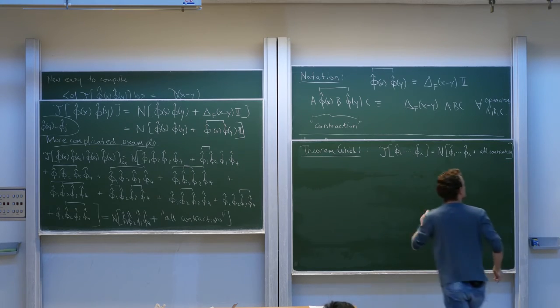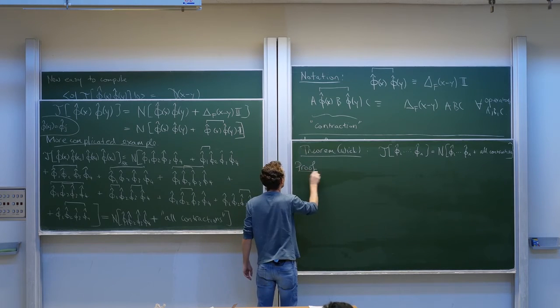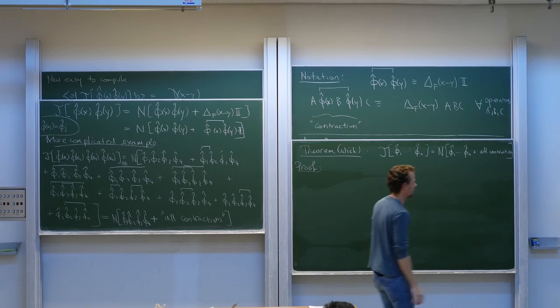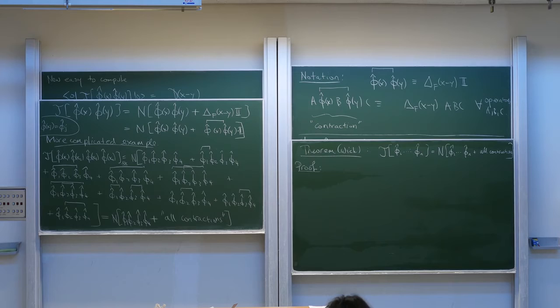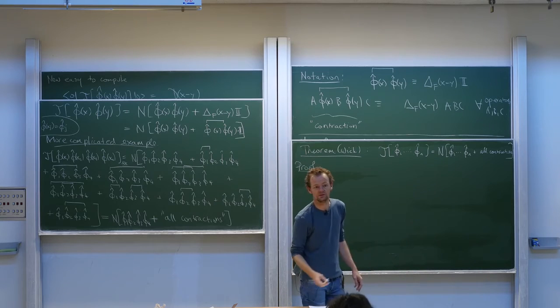And we even have time to prove it today, mostly. And the way we're going to prove it is, I hope not surprisingly, induction. I hope that's not a surprise to you.